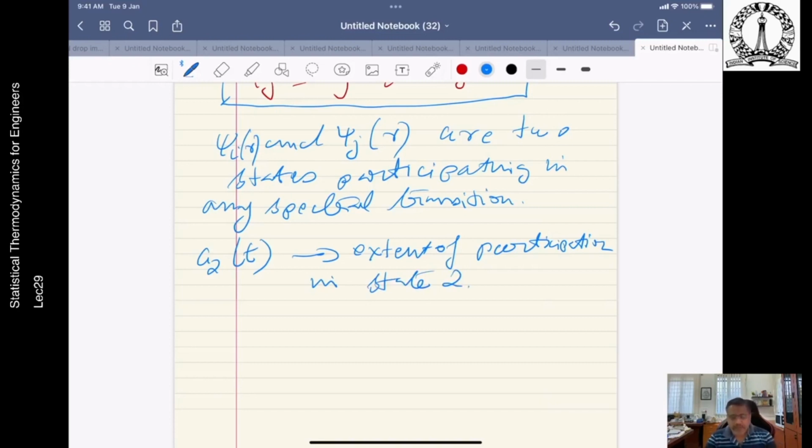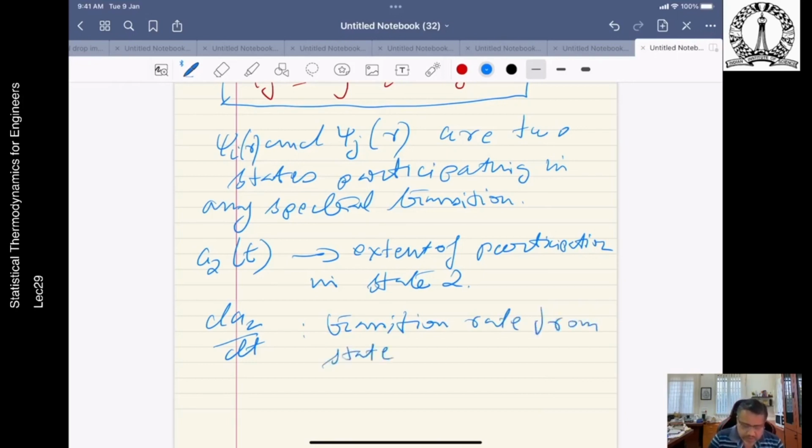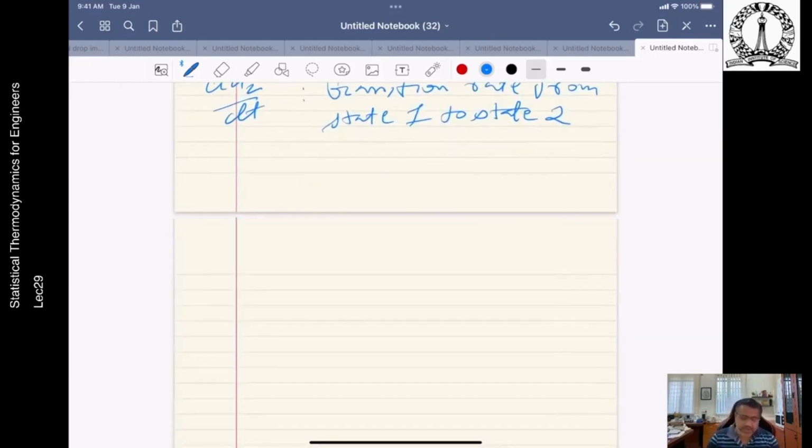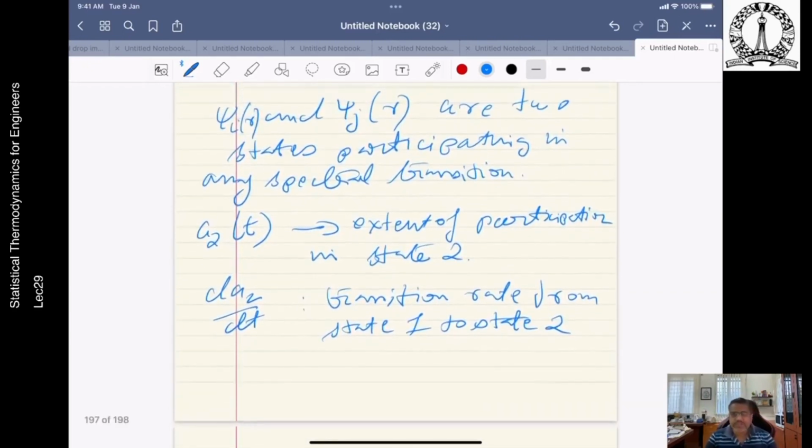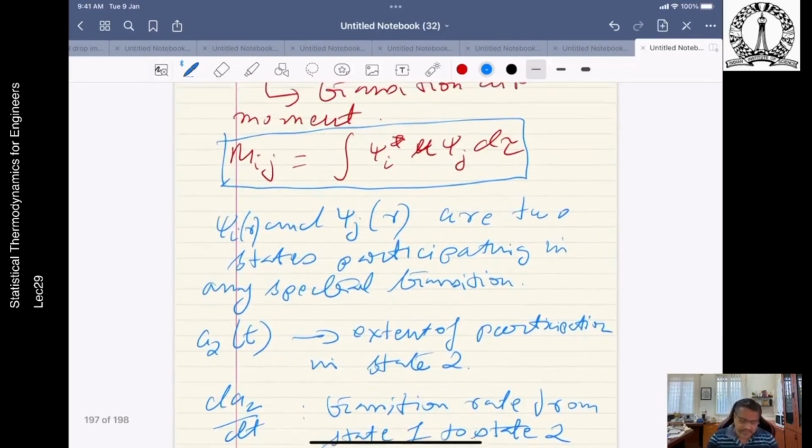Therefore dA2 by dt is interpreted as a transition rate from state 1 to state 2.